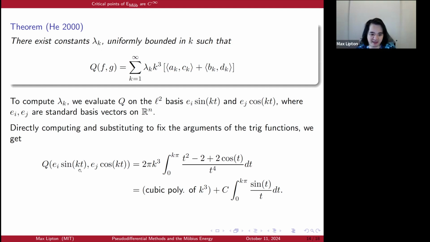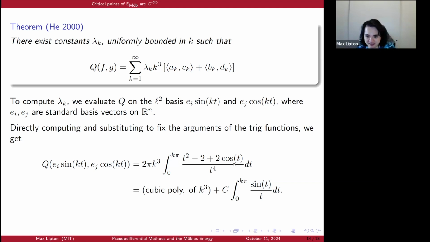We want to get something that depends on k, and so it turns out that a k cubed factor will come out of the integral, and then we get an integral from 0 to k times pi of this trigonometric polynomial. Looking at the polynomial contributions, that's going to be a cubic polynomial in k.